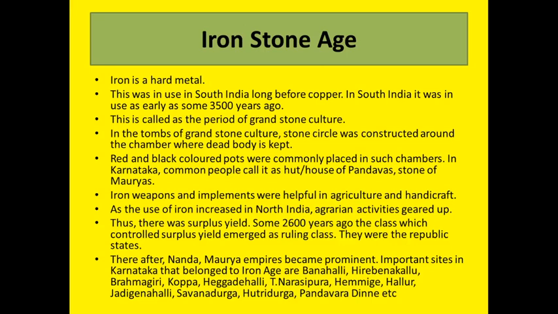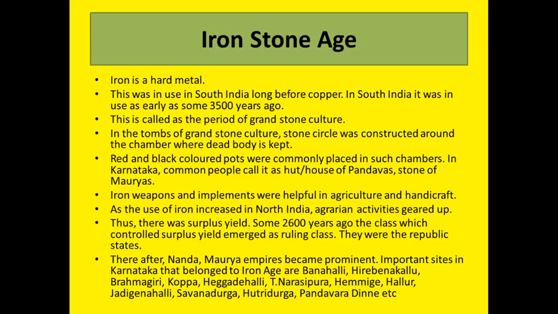Iron and Stone Age. Iron is a hard metal, as you all know. This was in use in South India long before copper. In South India, it was in use as early as some 3,500 years ago. This is called the period of Megalithic culture.